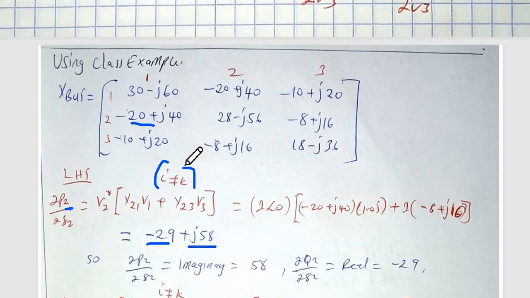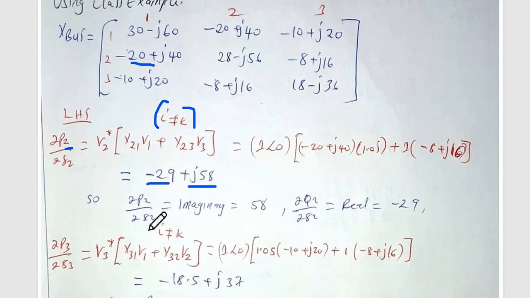So you just want to get this partial P2, partial del 2. Partial P2, partial del 2 is the imaginary, just 58. You just pick 58. Then it will give the other value, partial Q2, partial del 2, is negative 29.